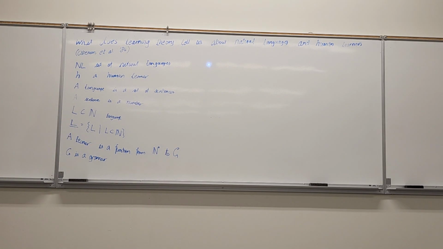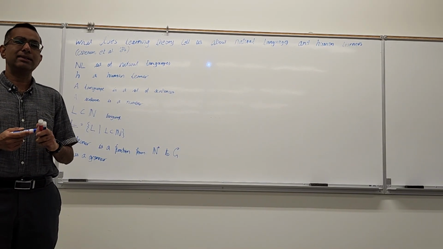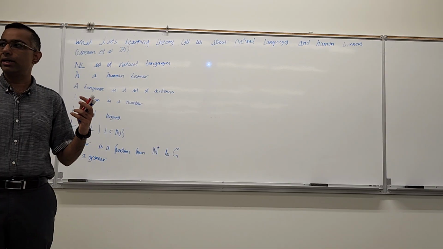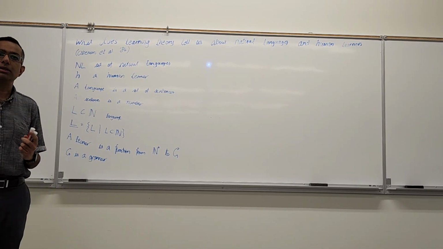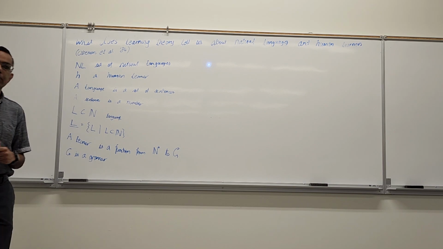Well, a grammar you can think of as just a set of rules that define a language, right? Like English grammar, traditionally, as you might have learned in school, has structures of sentences and so on. We are going to abstract away from all of that. We aren't going to say that a grammar has to have a particular form. We're just going to say that a grammar is a set of rules that defines a language, okay?